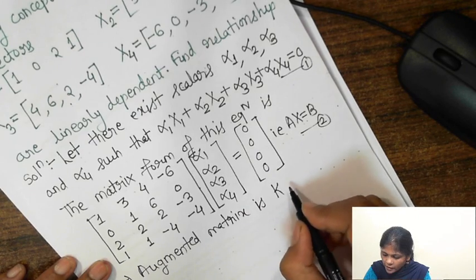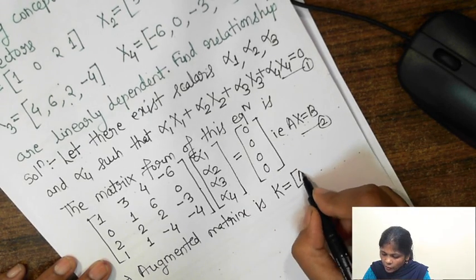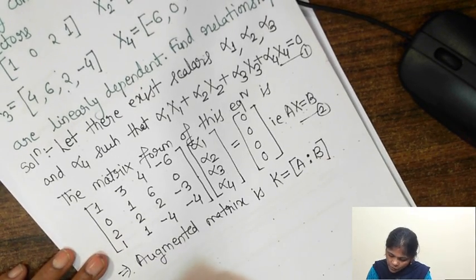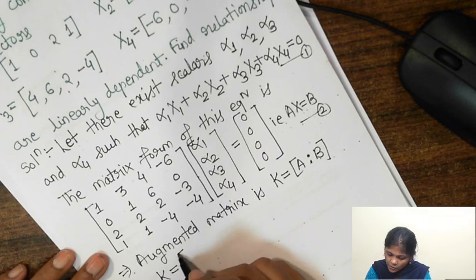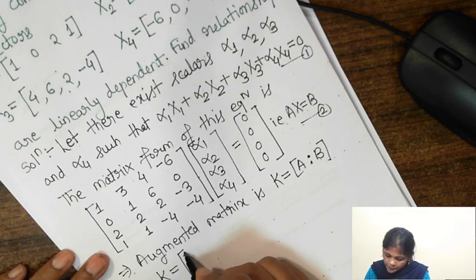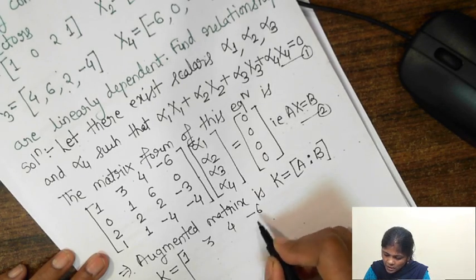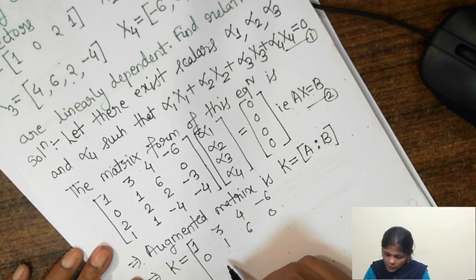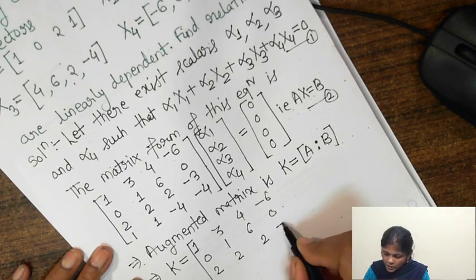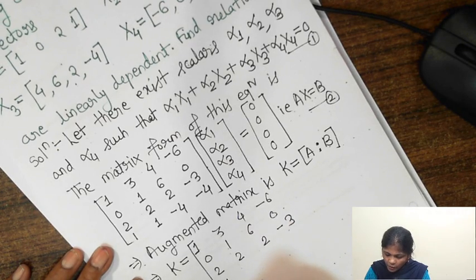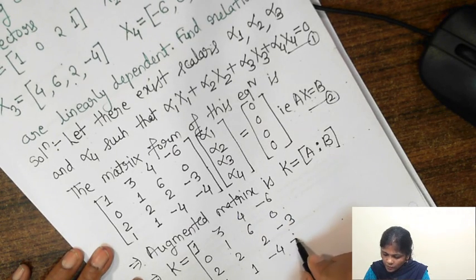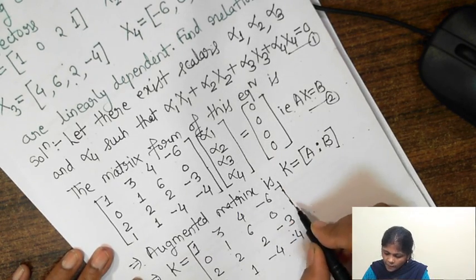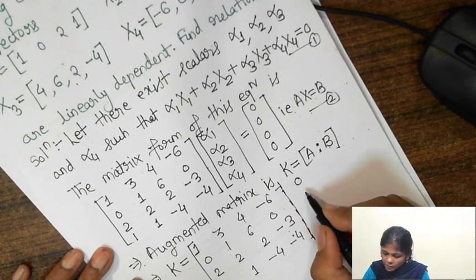It is denoted by either K or C; any one notation you can use, and I prefer K. So K is equal to, write down A: 1, 3, 4, minus 6; then 0, 1, 6, 0; then 2, 2, 2, minus 3; and finally 1, 1, minus 4, minus 4; and then the last column, which is 0, 0, 0, 0.